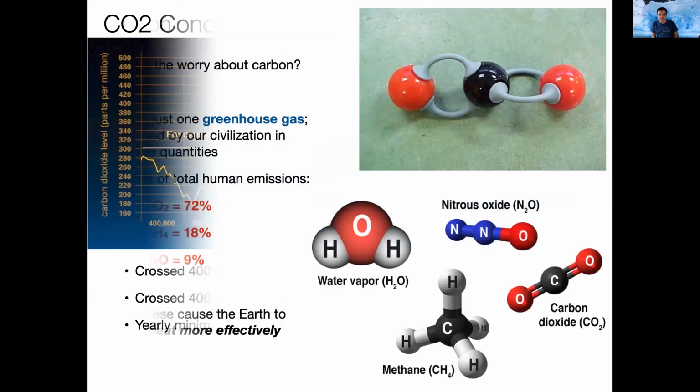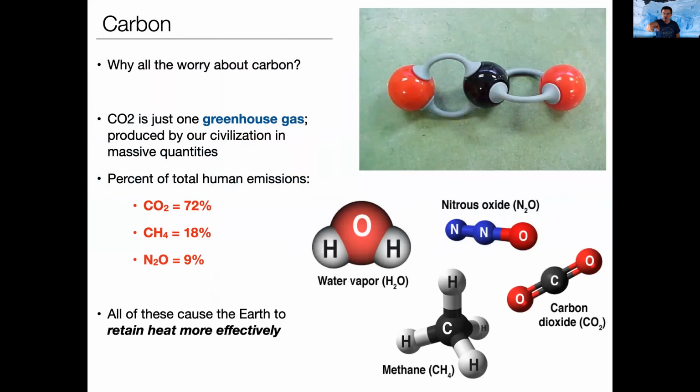So why all the fuss about carbon? So you see here at the top, that's a typical chemistry model for a carbon dioxide molecule that you might see. Those of you who have built stick models in chemistry know this. So this shows why certain molecules are very good as greenhouse gases. It has to do with the fact that these bonds here can absorb energy, but they don't break.